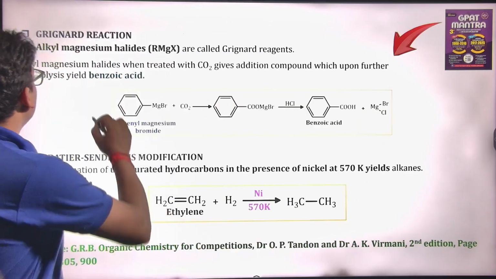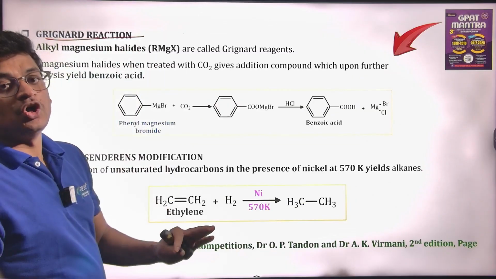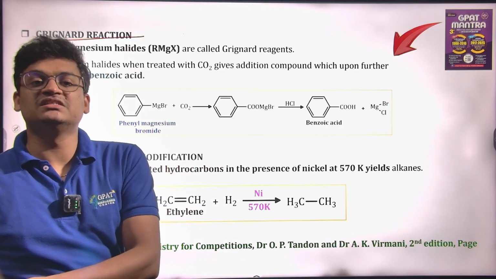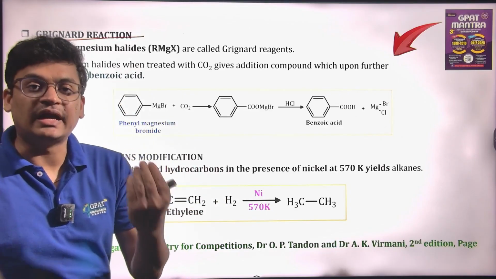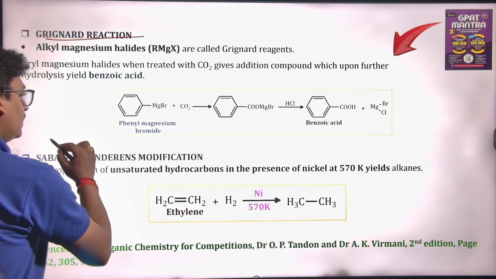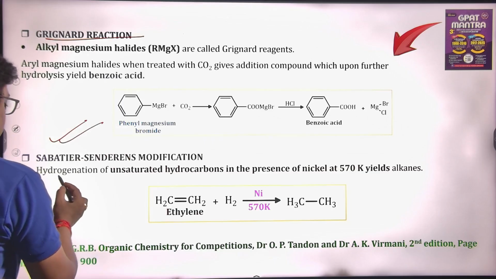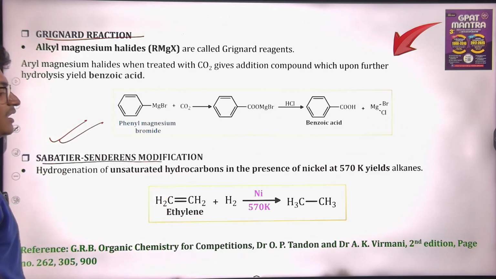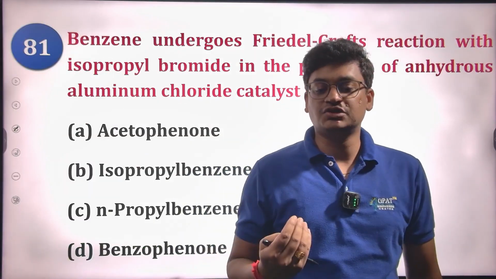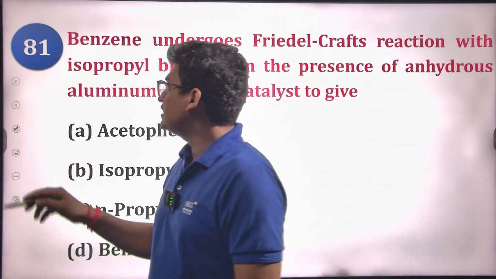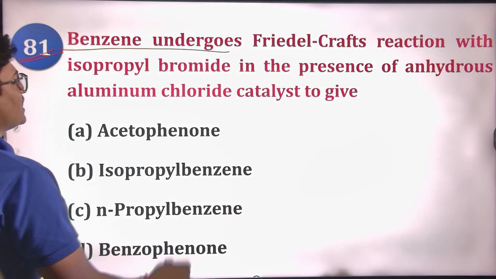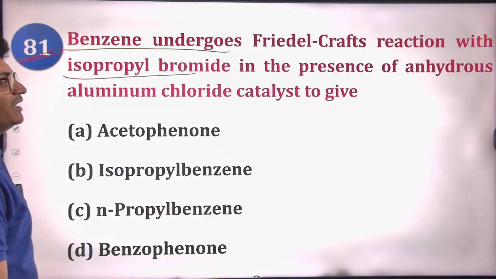Grignard reagent is the reaction of carbonyl compounds with alkyl magnesium halide, a nucleophilic addition, and we get alcohols. The next one, Sabatier-Sendersen reaction, is also known as hydrogenation of alkenes.